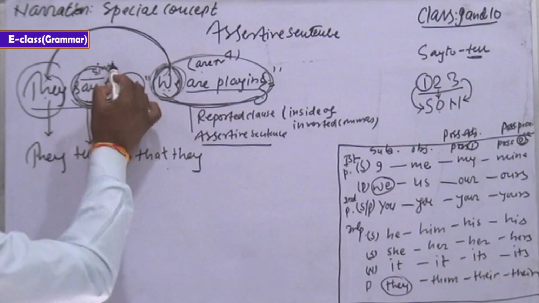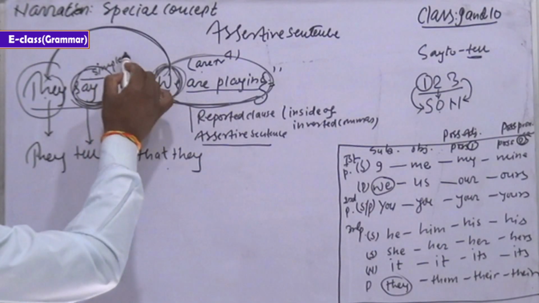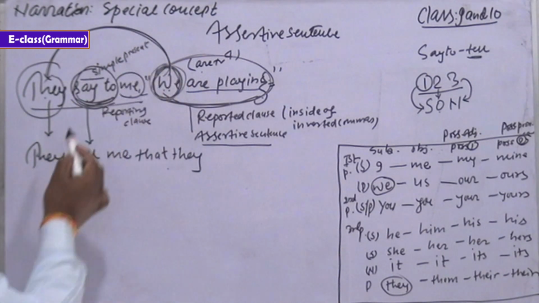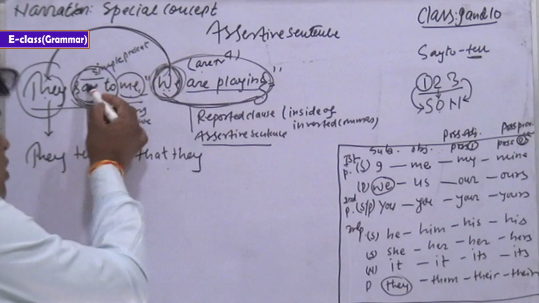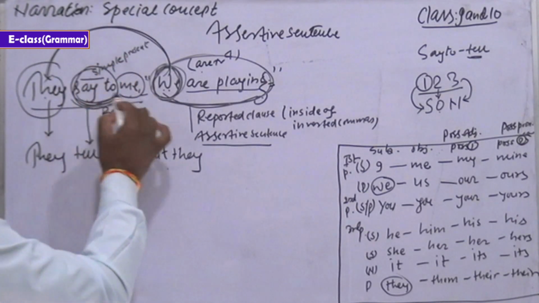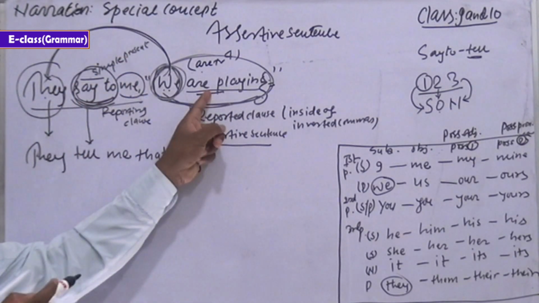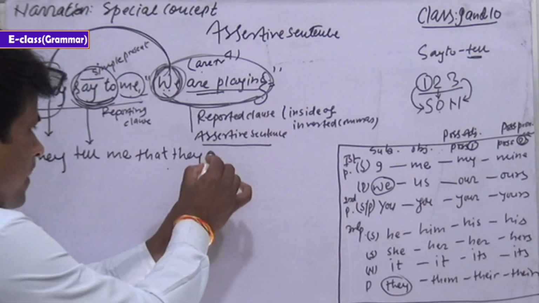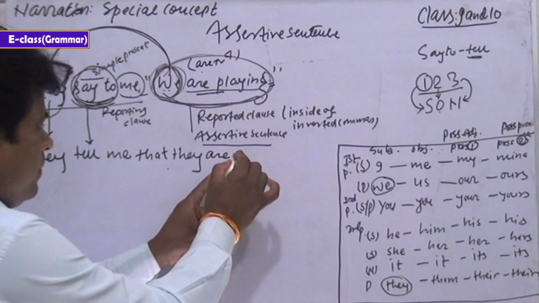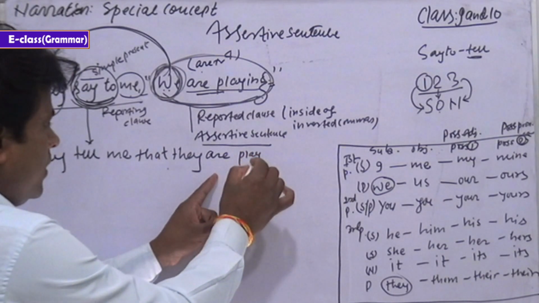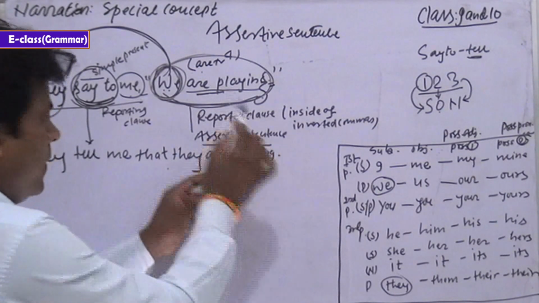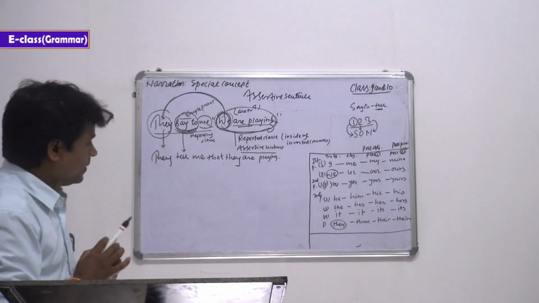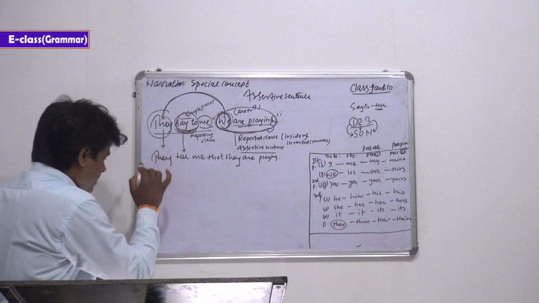Simple present tense. If we have simple present tense, there is no change in the tense of the reported clause. So it remains the same: they are playing. Yes. Okay. Is it clear? Okay. Very good.